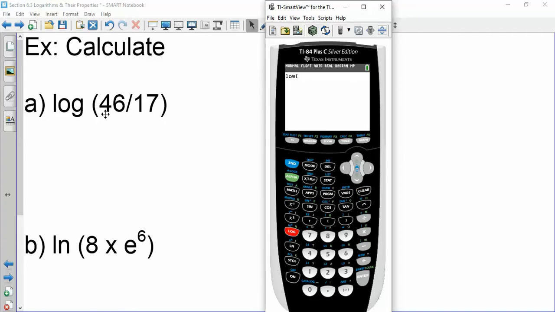You push that button, it opens a parenthesis, so then you're just going to do your 46 over 17. Okay, and then typically I will have you round these to 4 decimal places. So it'll be 0.4323. You guys all get that?